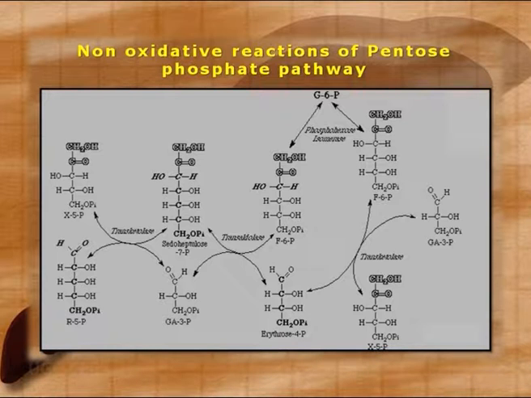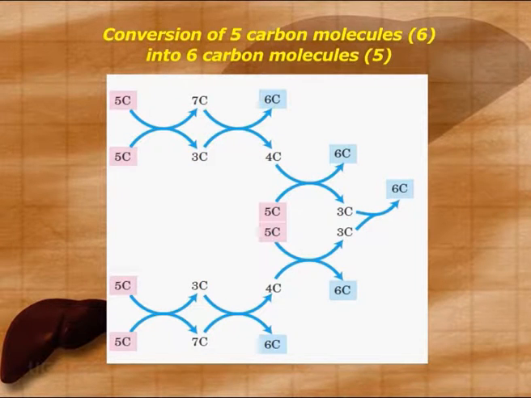Now again transketolase transfers a ketol group from a new xylulose 5-phosphate molecule to the erythrose 4-phosphate, producing fructose 6-phosphate and glyceraldehyde 3-phosphate. Two glyceraldehyde 3-phosphate molecules thus formed can join to form glucose 6-phosphate. So from 6 5-carbon molecules, after 2 rounds of non-oxidative phase, we can get 5 molecules of 6-carbon phosphates.